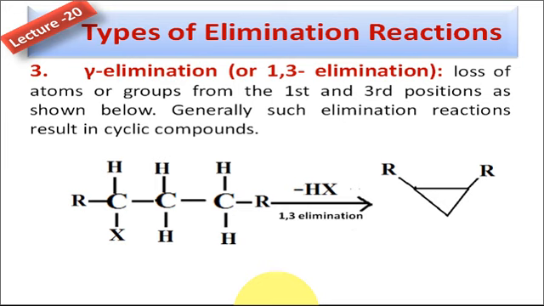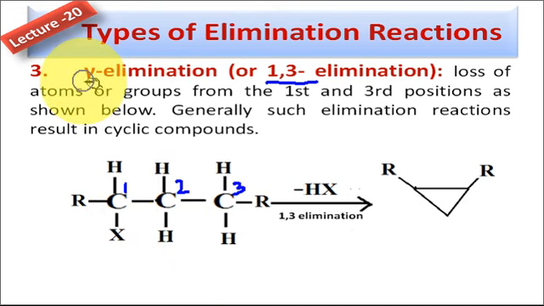Now, the third category is the gamma elimination or the 1,3 elimination reaction. As indicated by the name, it is the 1,3 elimination. That means the eliminating groups are present at the first and the third carbon atom, the 1 and 3 positions. That's why it is called the 1,3 elimination.